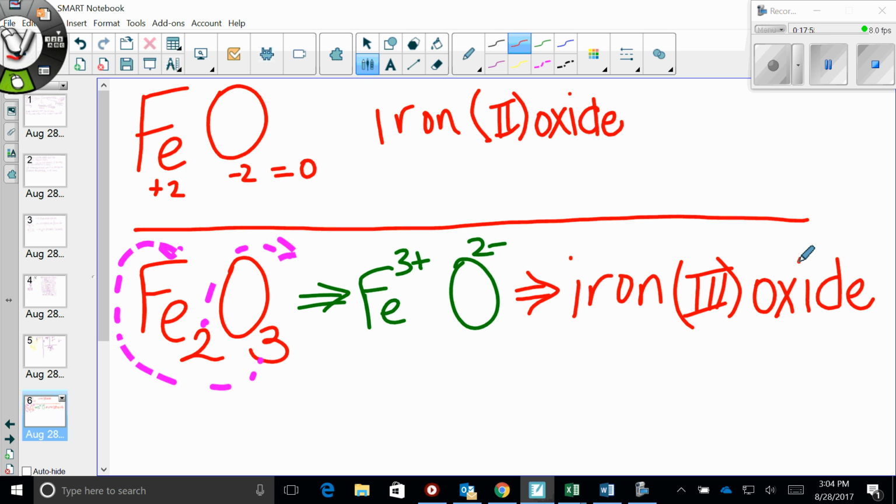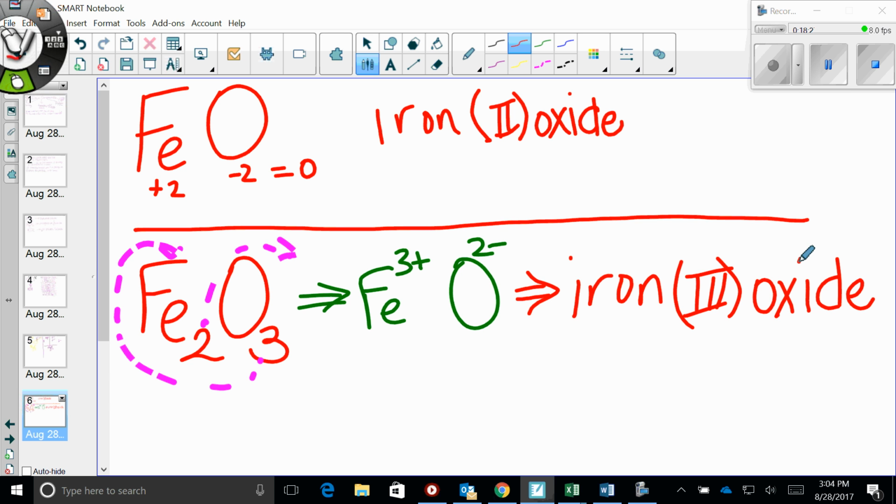You see the difference? Oxygen is always a non-metal, right? So when this 2 comes back over to the O, it takes the oxidation, the positive or negative of whatever this is. Oxygen's a non-metal, so it's negative. When the 3 comes over to the iron, it then has to be positive. That charge is not 0.